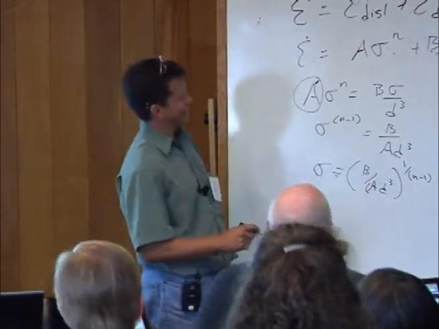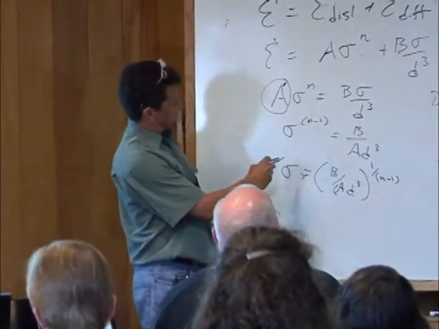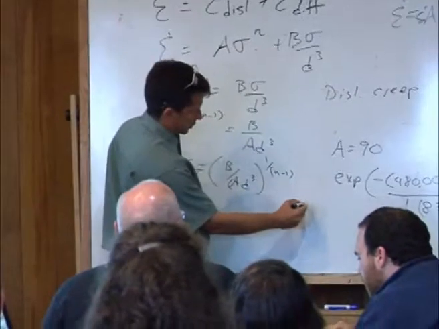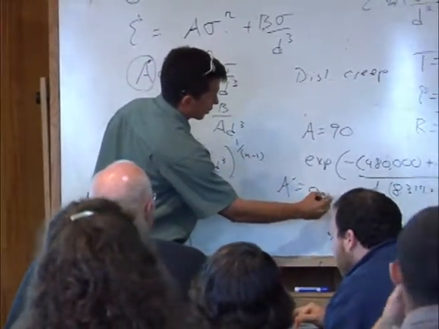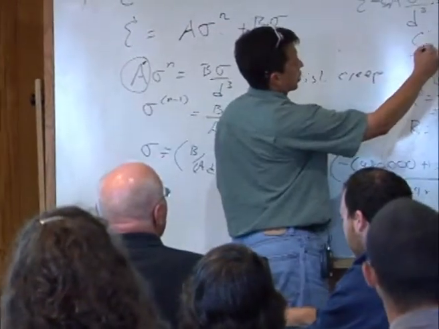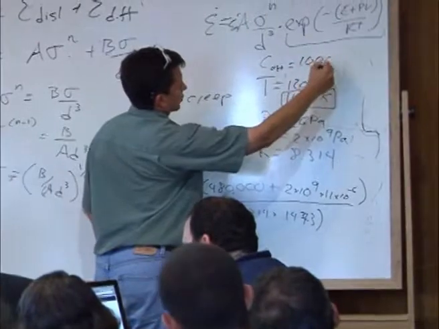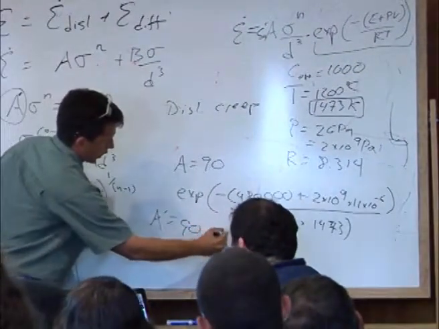Yeah. All right. So A prime then, right, equals 90 times, what's the concentration of water that we wanted to use? The COH we're going to use is 1,000. 90 times 1,000.